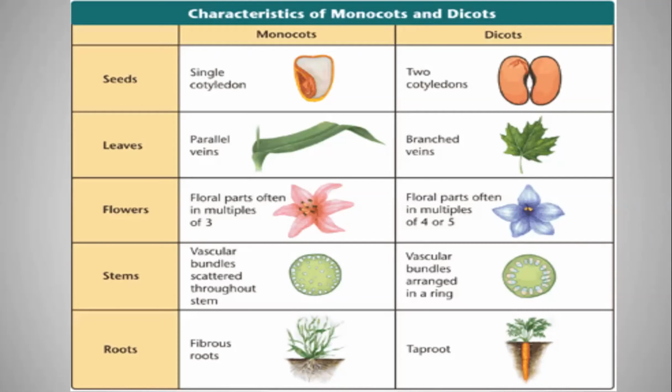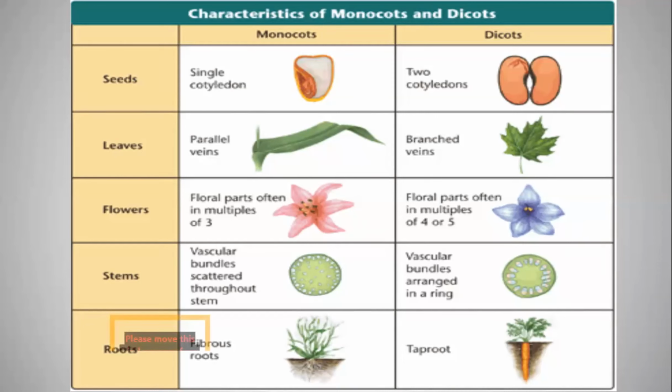Now I asked something about flowers and people are not mentioning. I want you to take time this weekend and look at the flowers around. Can you look at the flowers and tell whether it is monocotyledonous or not? If you get a flower whose parts are in multiples of 3s, they could be 3, 6, 9, 12.